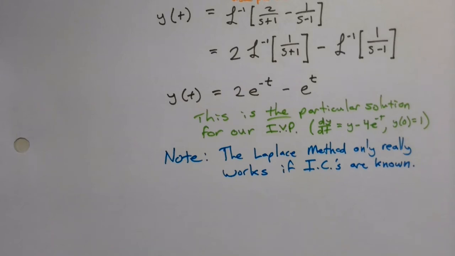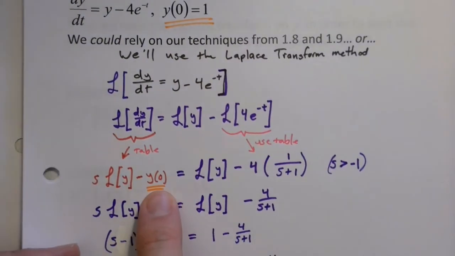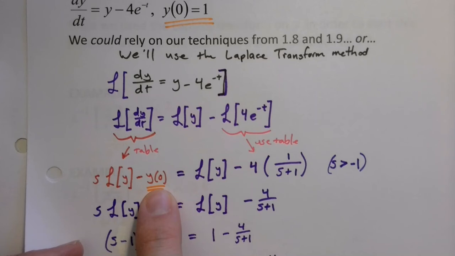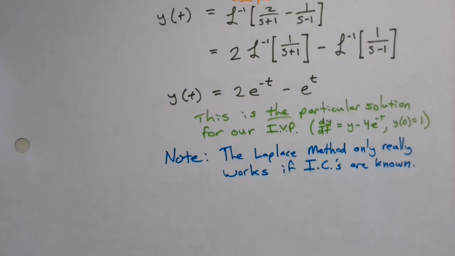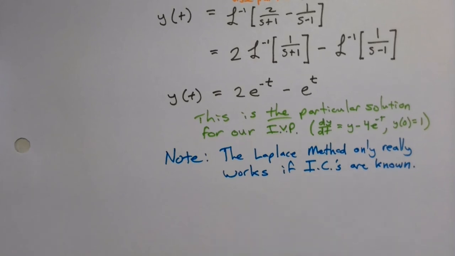If I flip back a couple of pages to what we did to get our solution, when we were applying our initial condition right here, we would have been stuck. That would have just been a constant that I'd moved to the other side, so I'd have to write a C or a K there. You can technically use the Laplace transform method to get a general solution, but it's much, much harder to make sense of it after the fact. This method works great if you know your initial conditions.